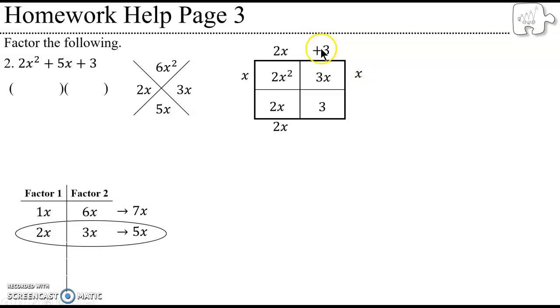Since there's a 3 here, there will be a 3 down here. Then you got to think about 3 times what is 3? 3 times 1 is 3. So there's a 1 there. We got our length and we got our width. So since we have our length and our width, we're just going to fill it in here and we're good.